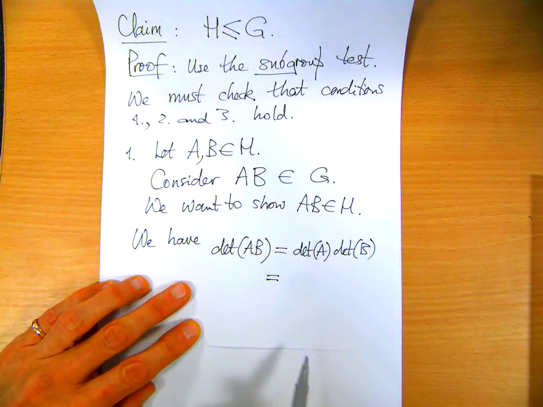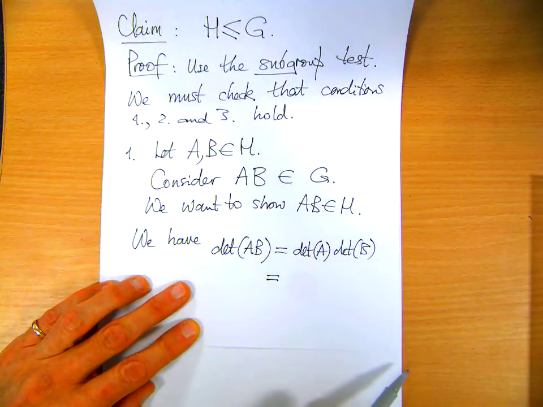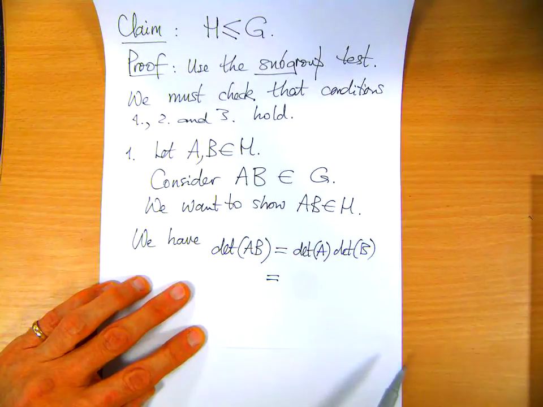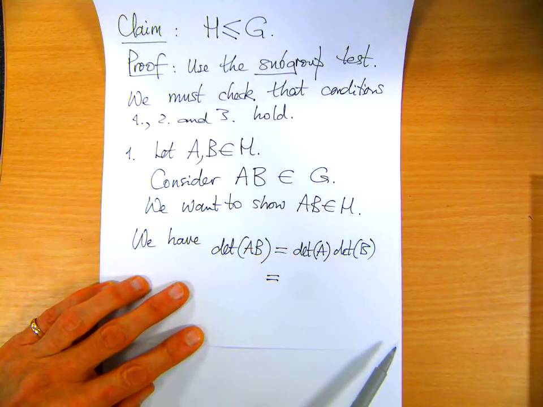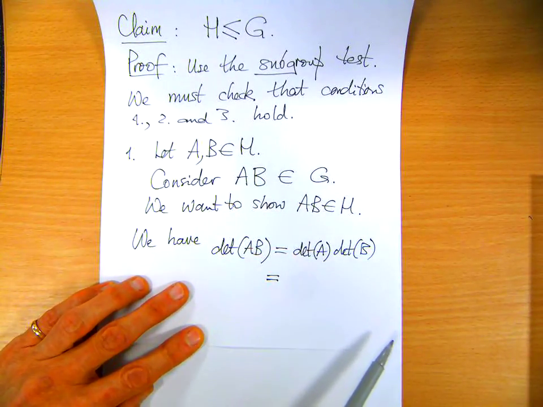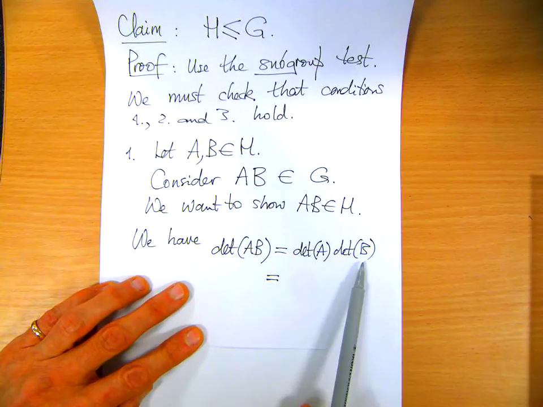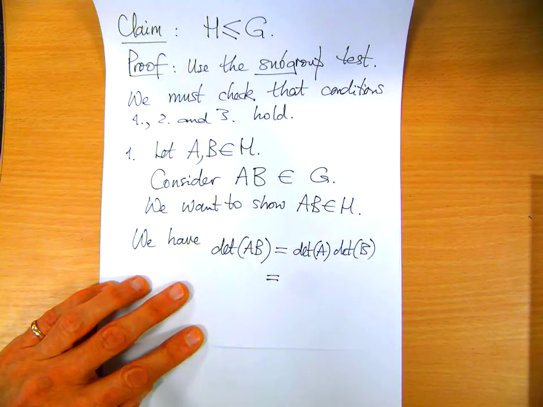Now, as always, there are some right-hand sides to write down, which I'm not writing down. I hope you will be writing right-hand sides down in your own work. I always say the reason, so that follows because of a property of determinant, which we use all the time.